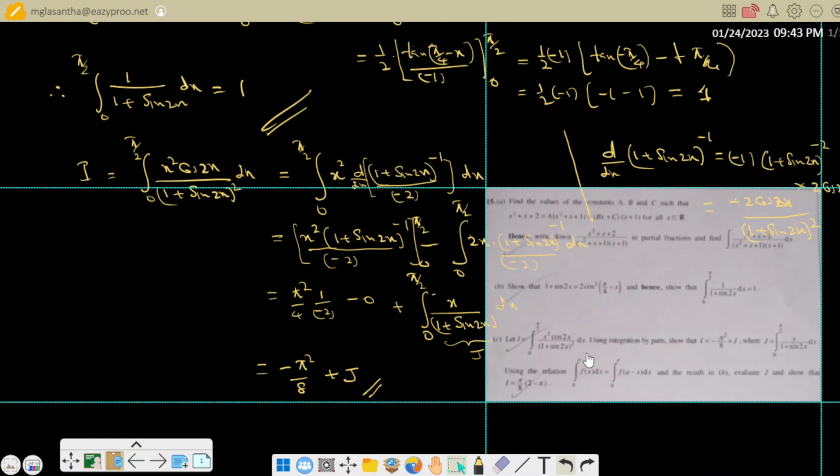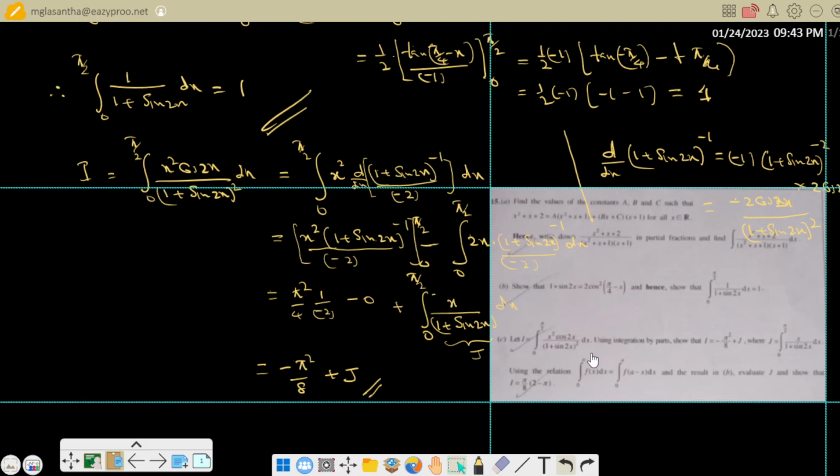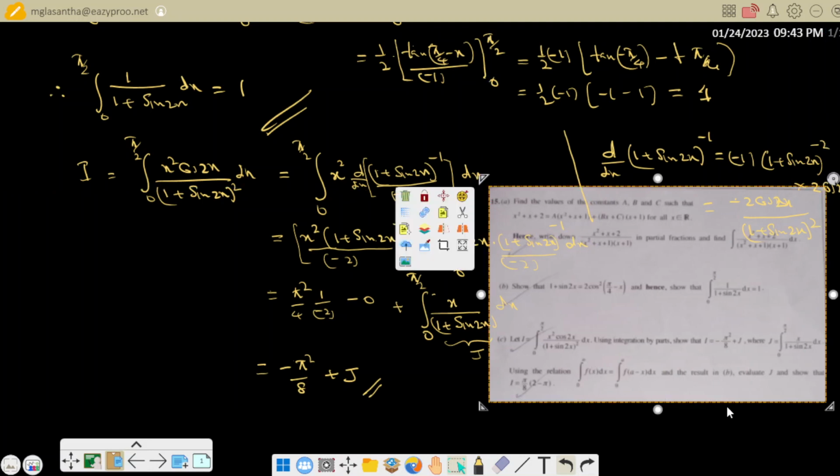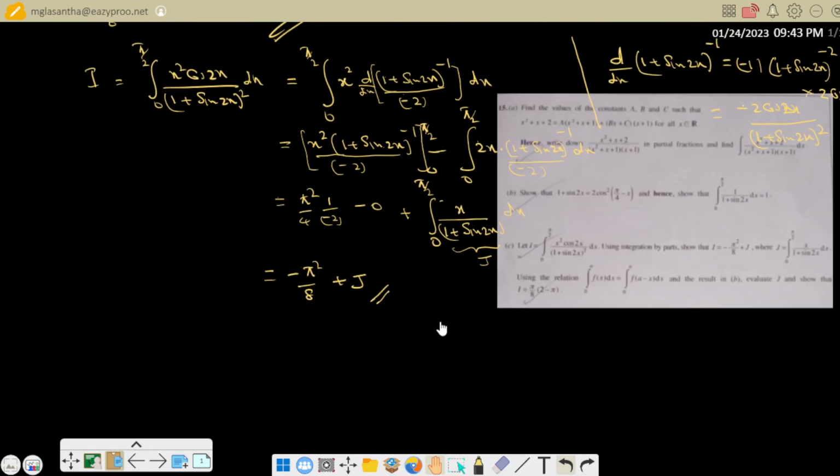Then the next part is we have to evaluate J using the result of B, evaluate J and show that I equals this. And you can use the famous integration property when you evaluate J. So J equals the integral from 0 to pi by 2 of x over (1 plus sine 2x) dx.